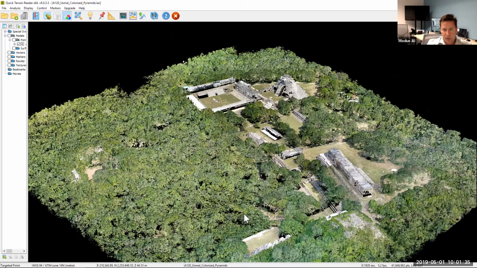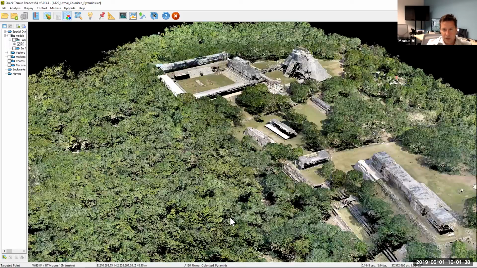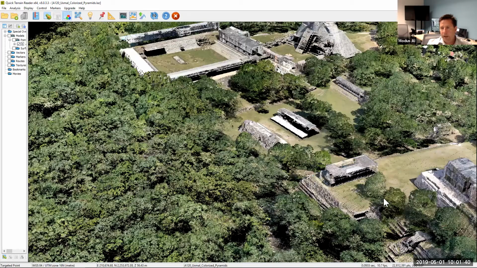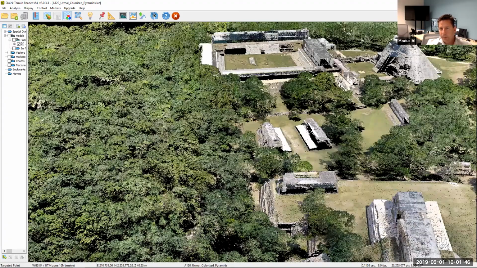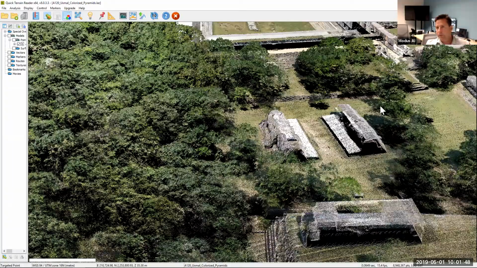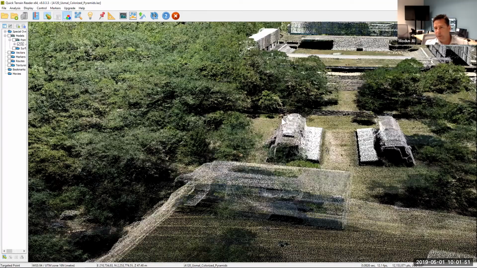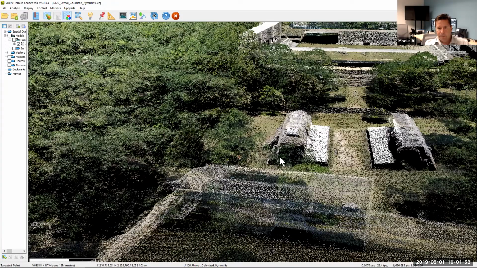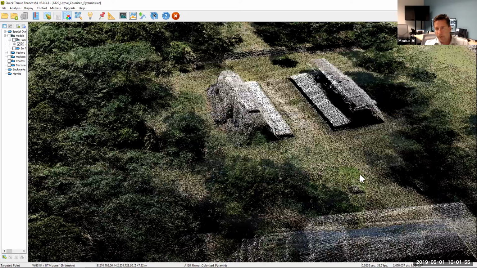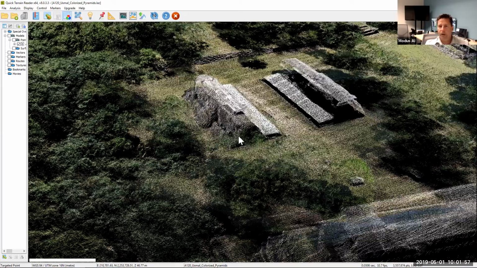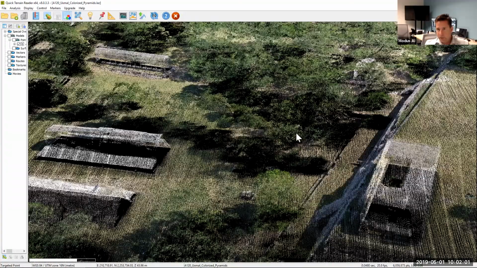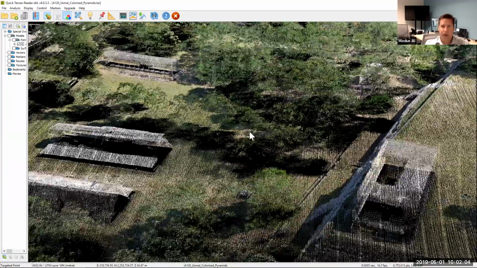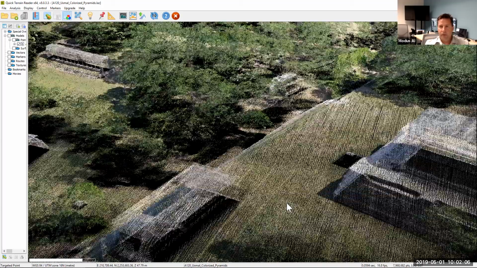You're not going to get all the real structure that you want, which may be fine if you're just doing base identification. But if you want to get up underneath and pull this stuff away, we have points up underneath the trees, which you won't typically get with photogrammetry unless you're doing a 3-camera spread or grid. So it's going to take you a lot longer. This is a one-pass deal in this type of setup.